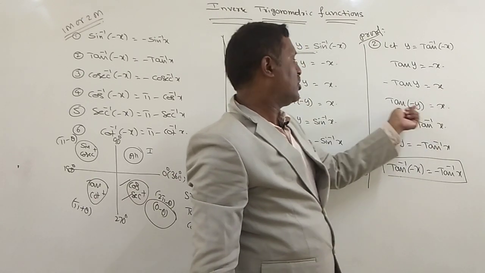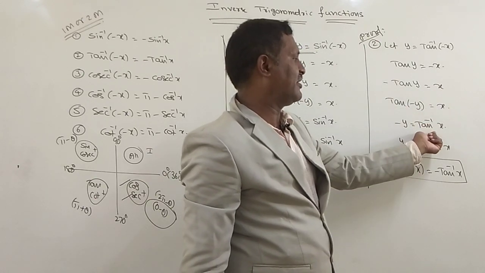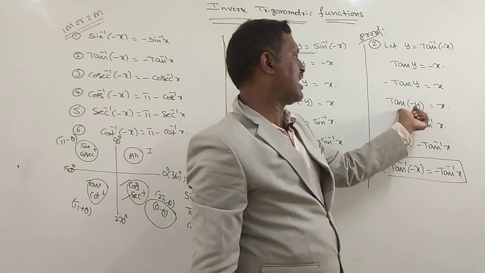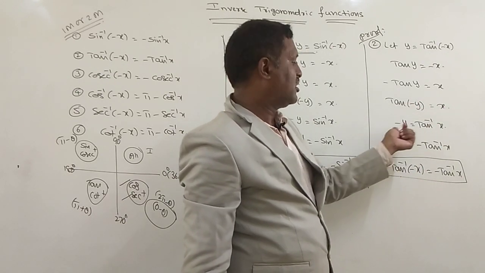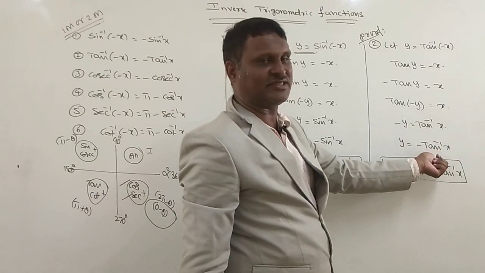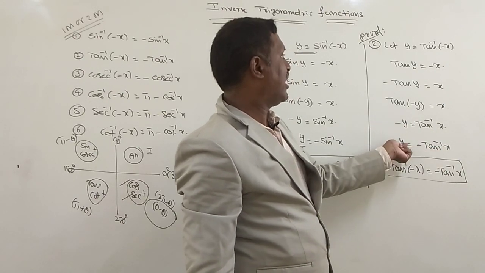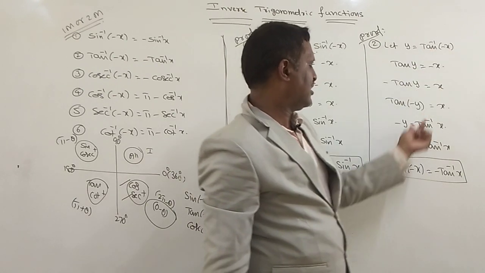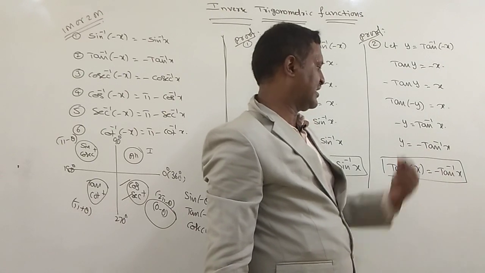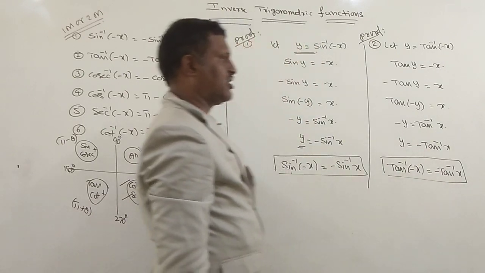Now this tan, take to the other side, we can write tan inverse x. So minus y is equal to tan inverse x. Now multiply by minus sign, y is equal to minus tan inverse x. After that, y is equal to tan inverse of minus x, that is equal to minus tan inverse x. Yes, take it down till now.